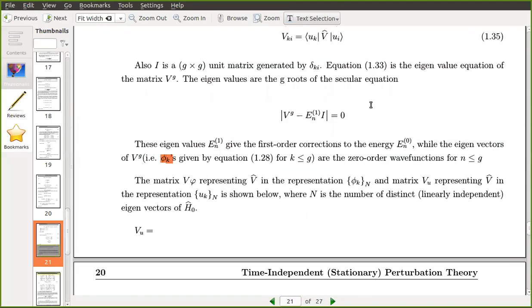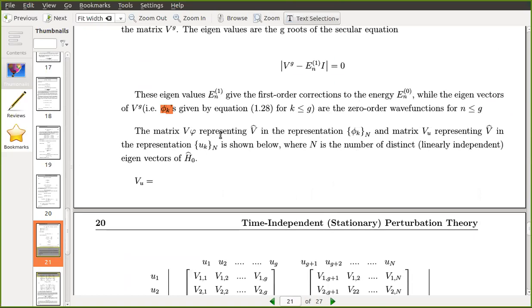So if you can solve this equation, you can find the eigenvalues for the first order correction and the eigenstates for the zero order wave function.